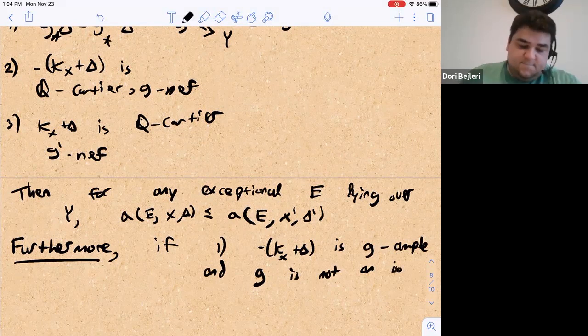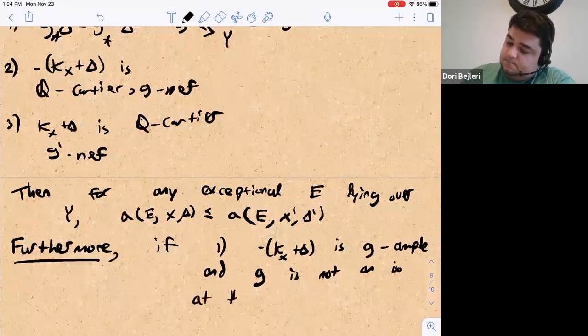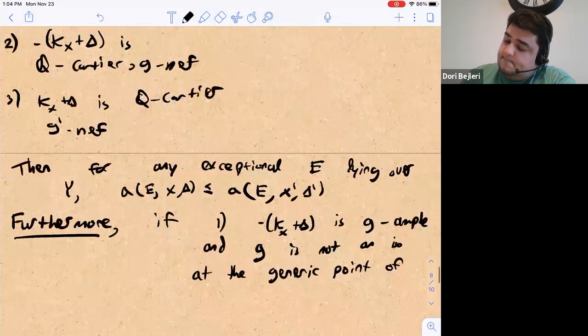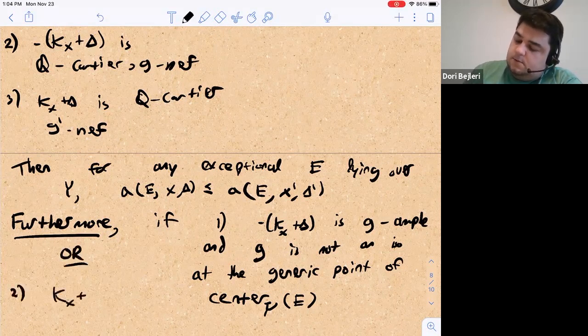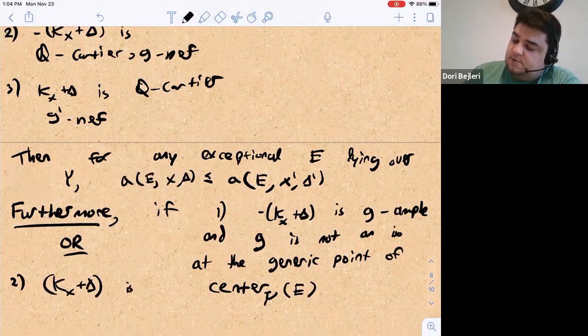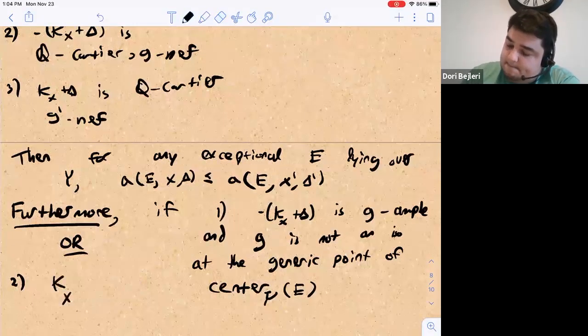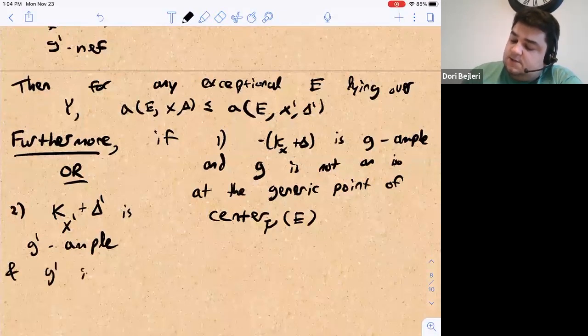essentially, if we assume that, or kx prime plus delta prime is g prime ample, and the same assumption that g prime is not an iso at the generic point.